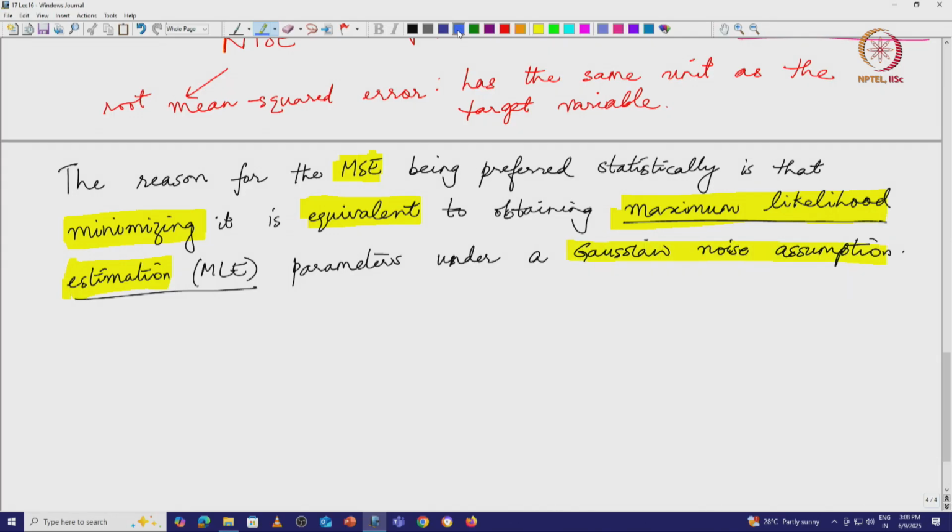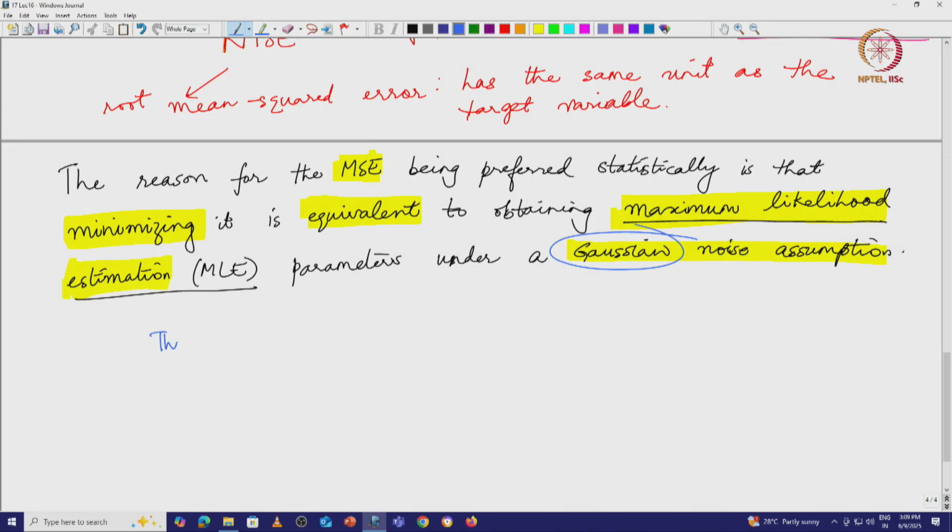Now, it is very likely in various engineering processes that the noise in the data that is being measured is Gaussian. The Gaussian is a normal distribution and we have encountered it earlier. It is very well encountered in engineering disciplines.